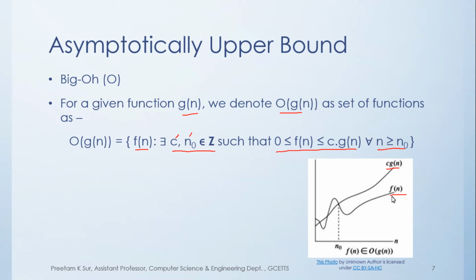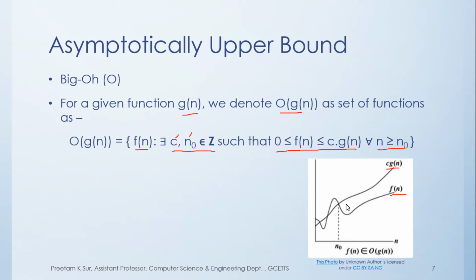Now as per the definition, f(n) is order of g(n) if for the constant c, c multiplied by g(n) always has a value greater than or equal to the value given by the function f(n).